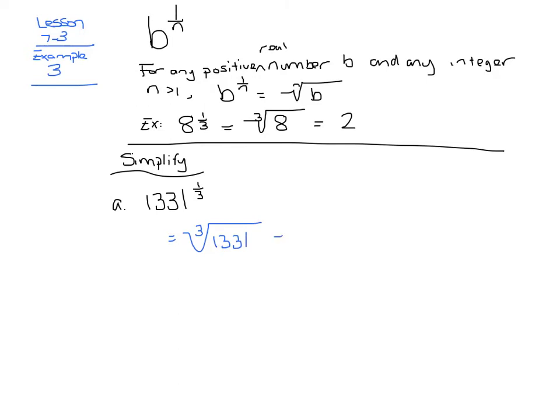And that is simply 11. For example B, we have 2,401 to the 1/4 power. Now this is going to be the 4th root, notice how we took that denominator, of 2,401. This is simply 7. And yes, you can use a calculator on these.